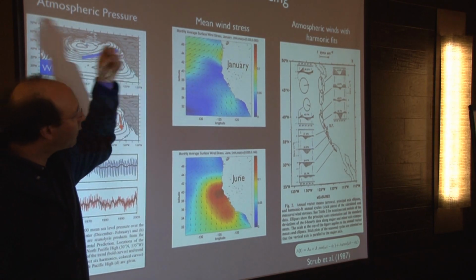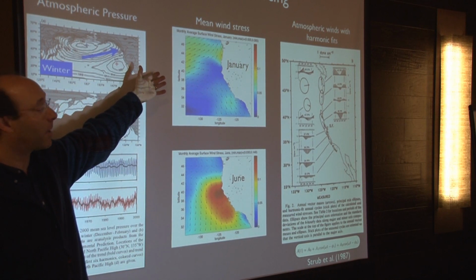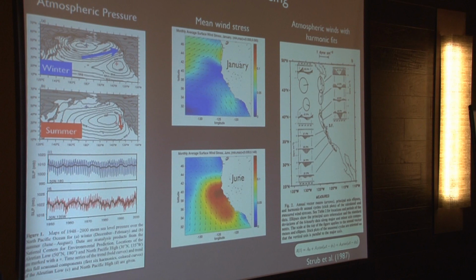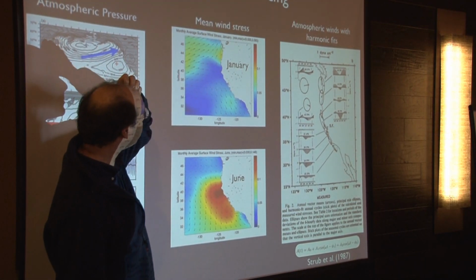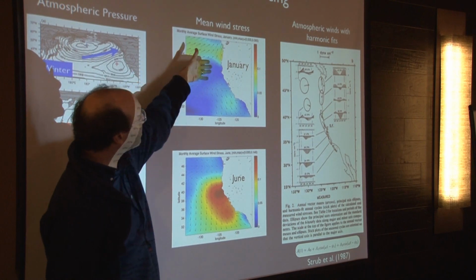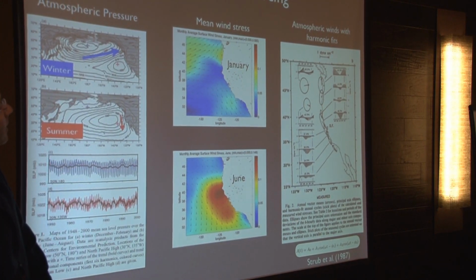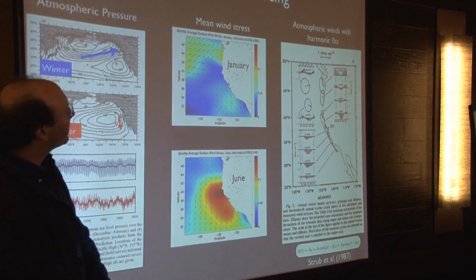Just to make that point more clear, I show here climatological averages from the month of January and the month of June off of the coast here. You can see the mean winds. This comes from the COADS data set. The mean winds are intersecting the coast relatively perpendicularly up off of Oregon, and we even have downwelling favorable winds off of Washington.